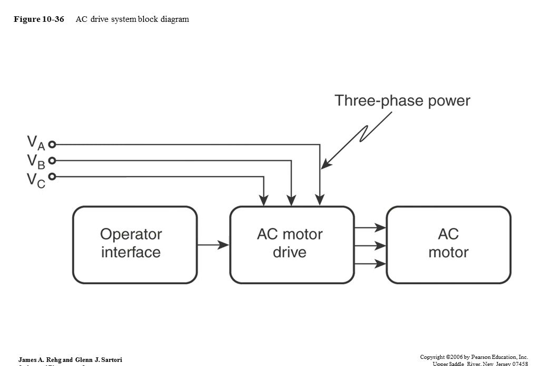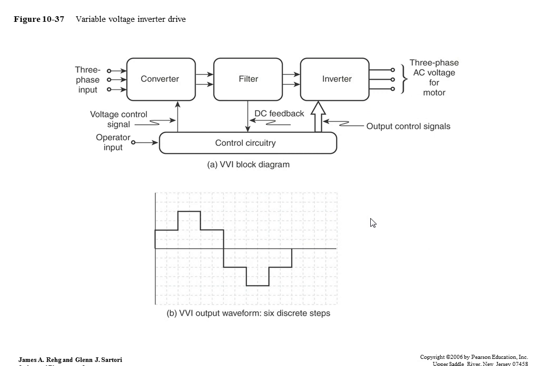And so now we're going to make the motor roll. So we have some controller turning on the AC motor, some operator turning it on. Now what we're doing is we're going to use a variable voltage to drive the motor.